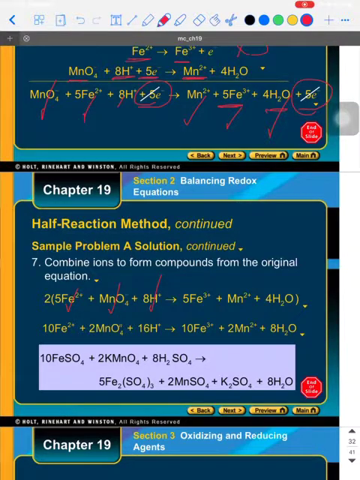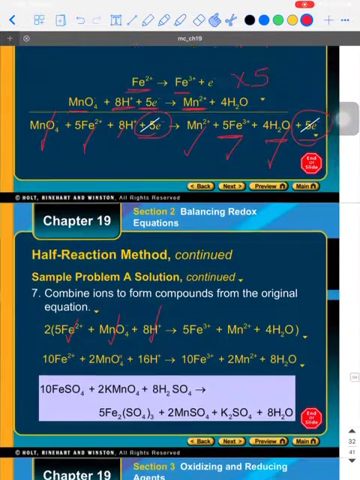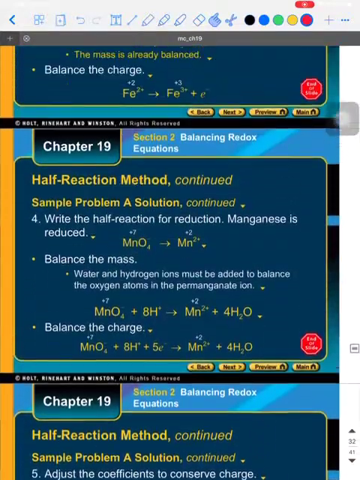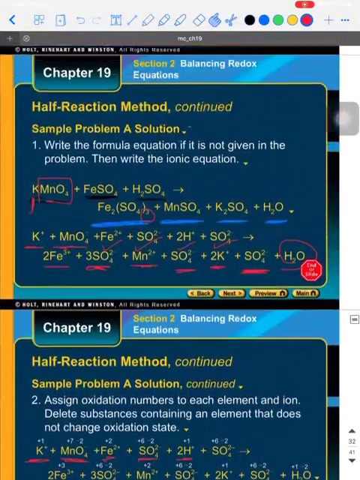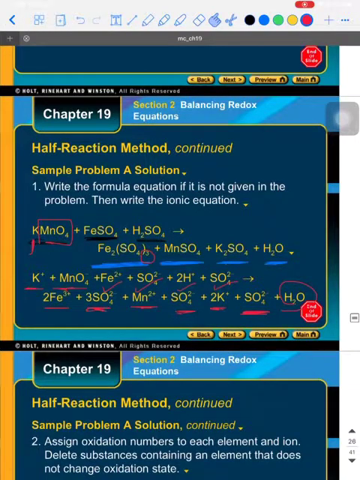Combining with the original equation, we can multiply by 2 in the original equation to get 10 FeSO4 plus 2 KMnO4 plus 8 H2SO4 gives 5 Fe2(SO4)3, 2 MnSO4, K2SO4, and 8 water molecules, as shown in the original reaction here.